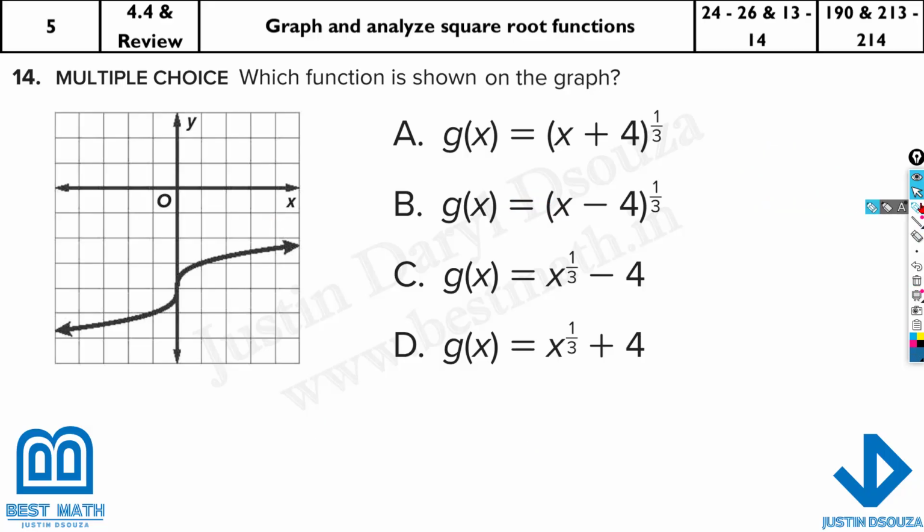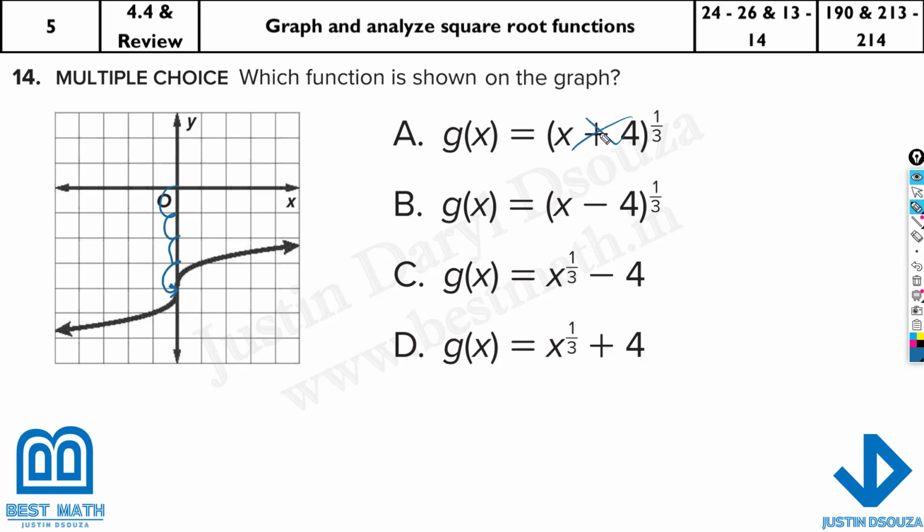What about this function? You have all the four options. You need to choose the correct one. There's one way you can enter all these four in the calculator and figure out which is the correct one. Now, what is this cube root, 1 by 3? That means it's cube root. This is equal to x to the power 1 by 3. Now, this one has 1, 2, 3, 4 units down.